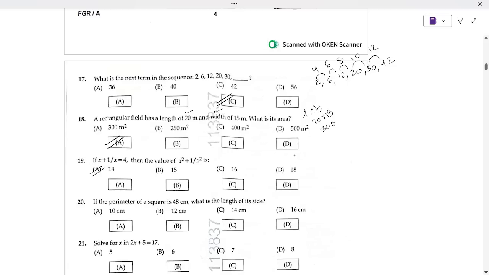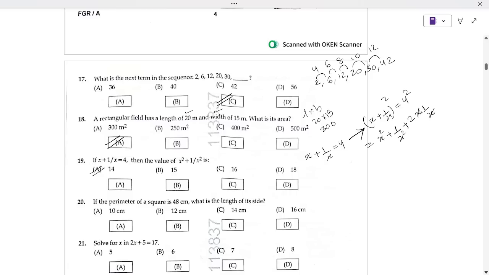Let's check the solution. x plus 1 by x is 4. Let's square both sides. That means x plus 1 by x whole square is equal to 4 square. Then here a plus b whole square is what? A square plus b square plus 2ab.